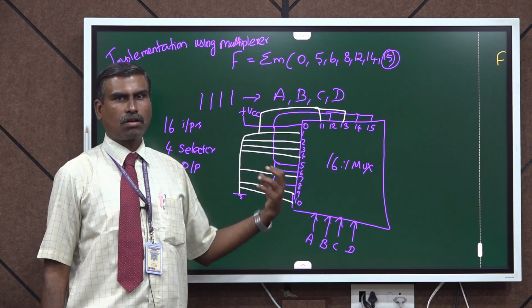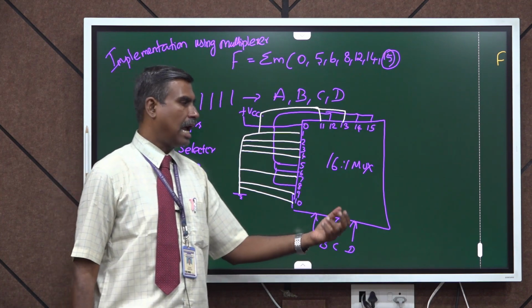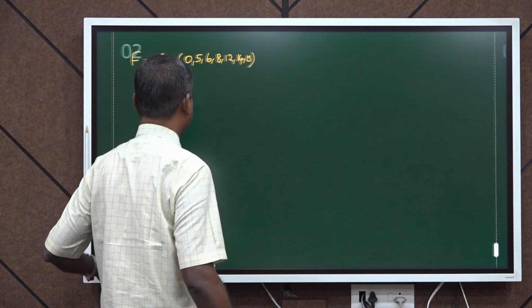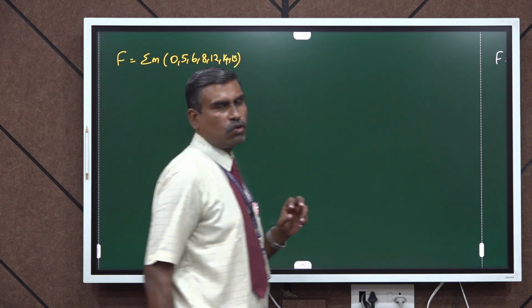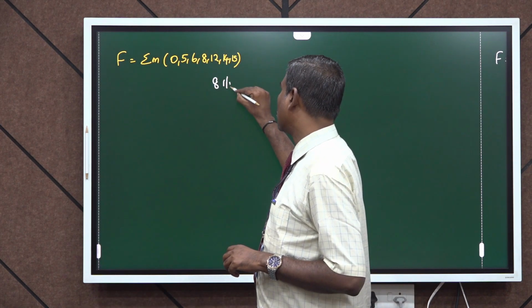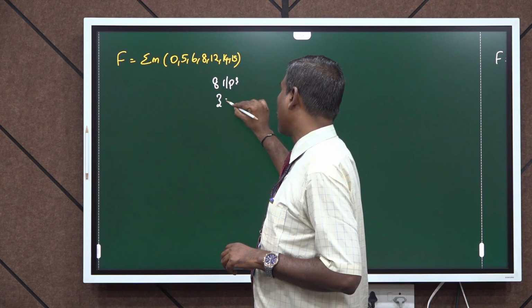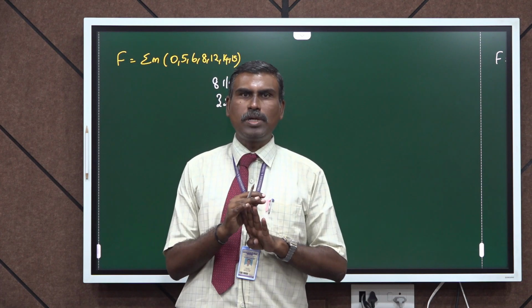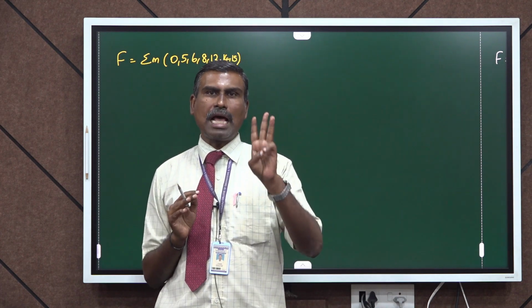In order to avoid the cost, we go for another mux, that is the 8:1 mux. In an 8:1 mux we have 8 input lines and 3 selector lines. Here we have 4 variables, so out of the 4 variables we select 3 as the selector lines.